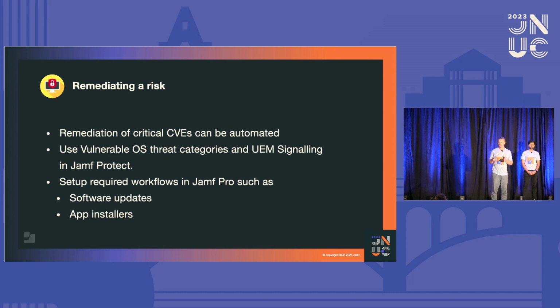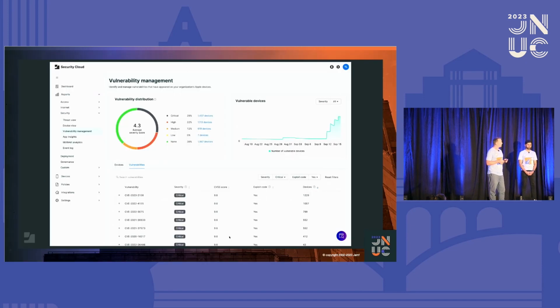This is achieved through extension attributes that are set automatically by Jamf Protect whenever a critical CVE is detected on a device. The very same attributes are then unset whenever Jamf Protect detects that the device has been patched. So the following example shows how the UEM signaling can be used for an easy and controlled operating system patching workflow.